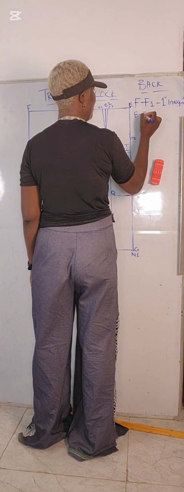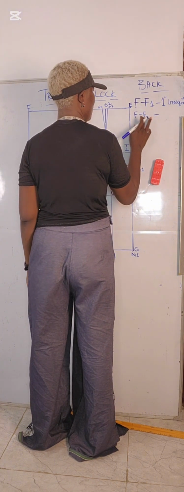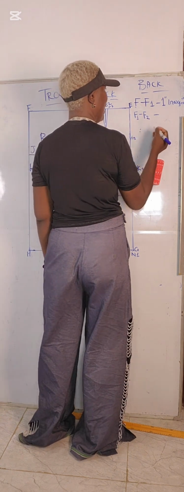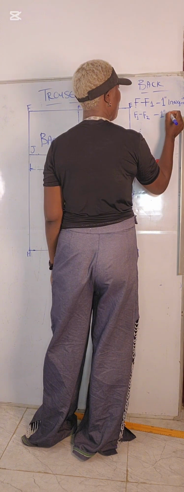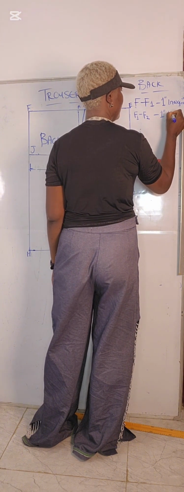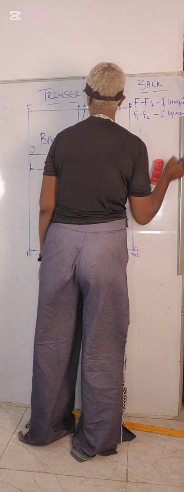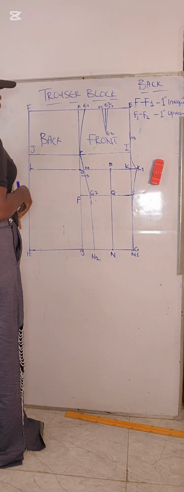F1 to F2, we have 1 inch upwards. So move here from F to F1 by 1 inch.